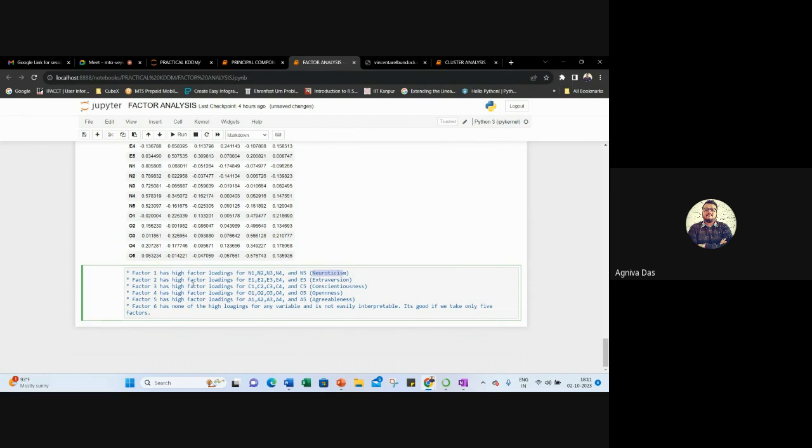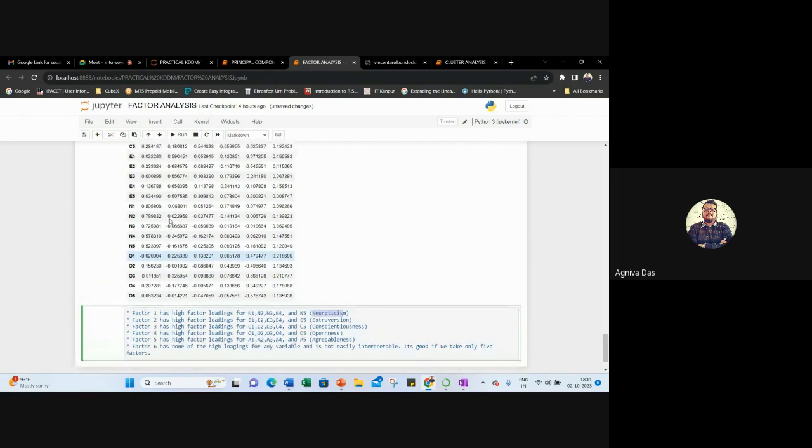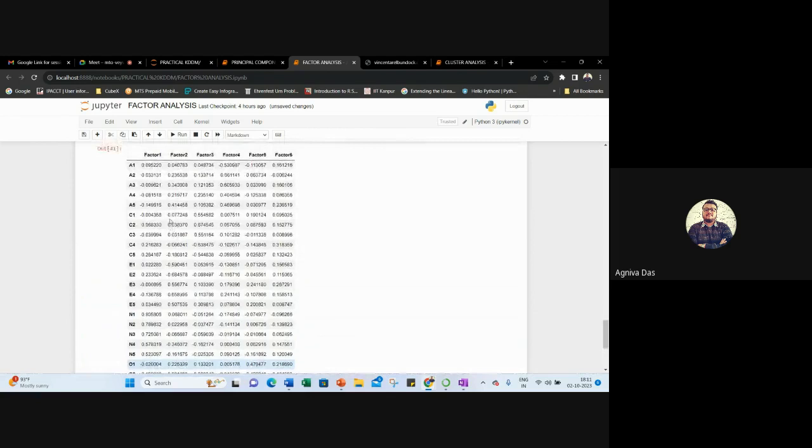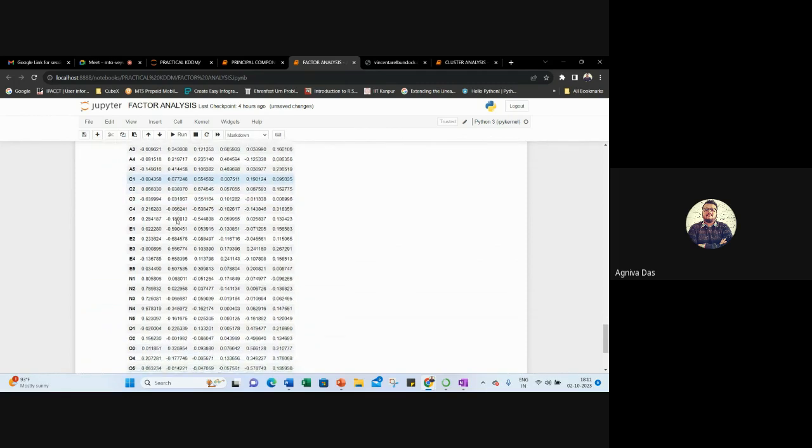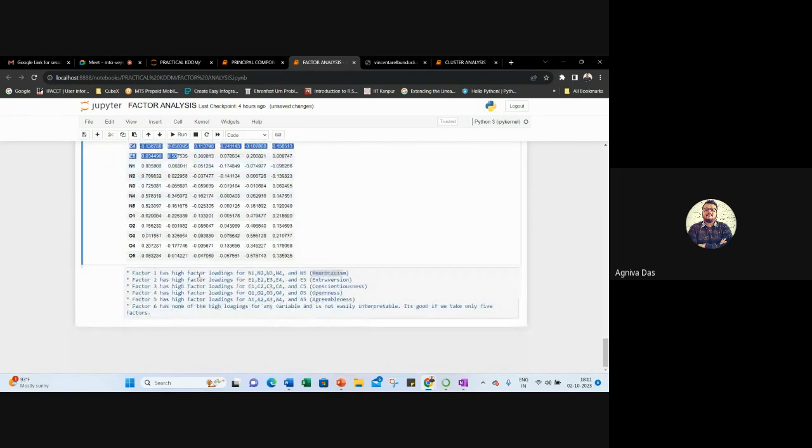Factor 2 has the highest loadings for, again, E1, E2, E3, about 0.59. So the highest loadings are for E, right? That is extraversion. These stand for extraversion.